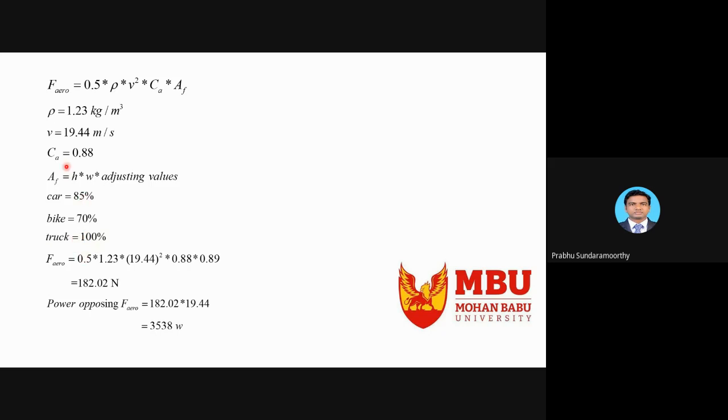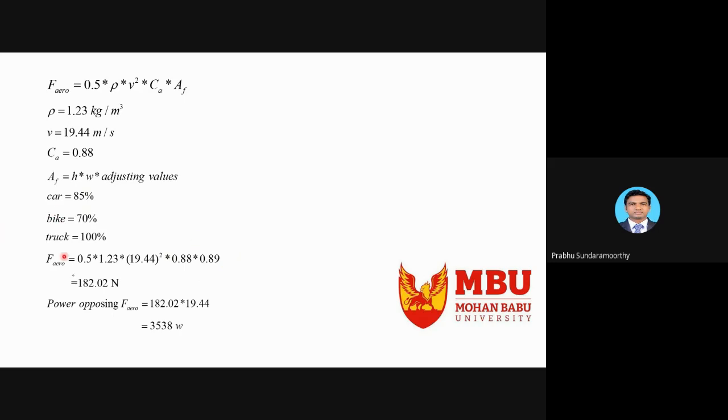So these are the constant values that we are assuming, and here is the coefficient value. This depends upon the condition, right. So it is 0.88, and the adjusting value we have taken as 0.89. Right?